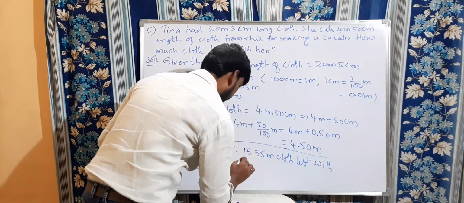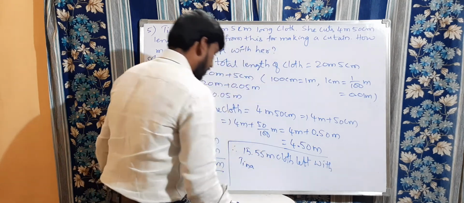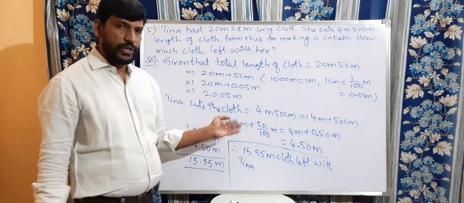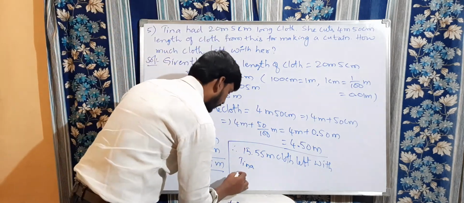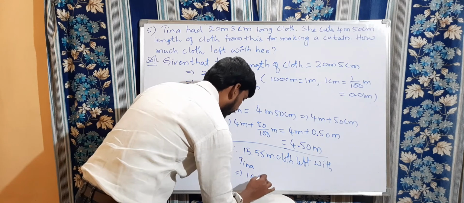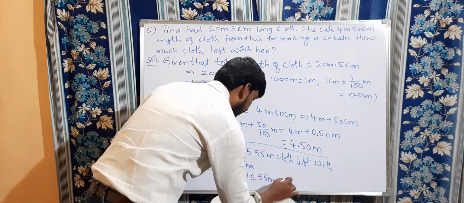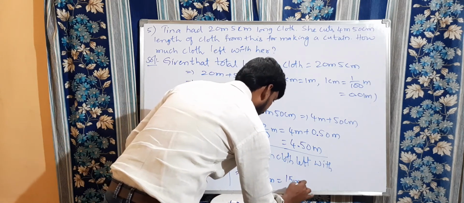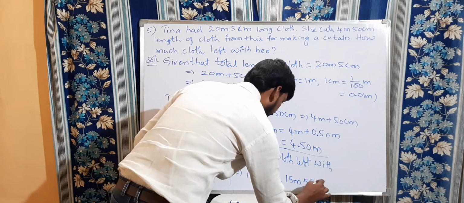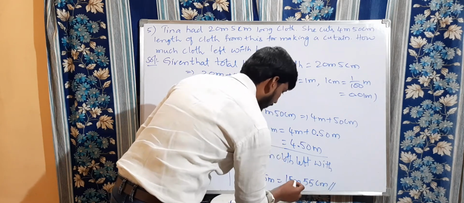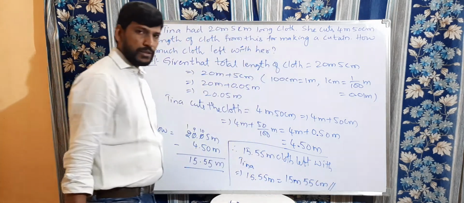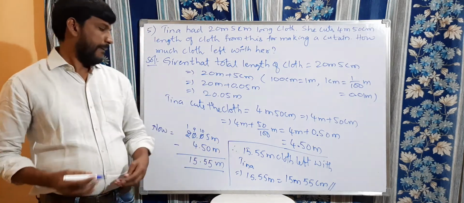Okay, left with Tina. Clear, children? So here, if you want to convert into centimeters, 15.55 meters is equal to 15 meters 55 centimeters. Clear? Right? Please copy this.